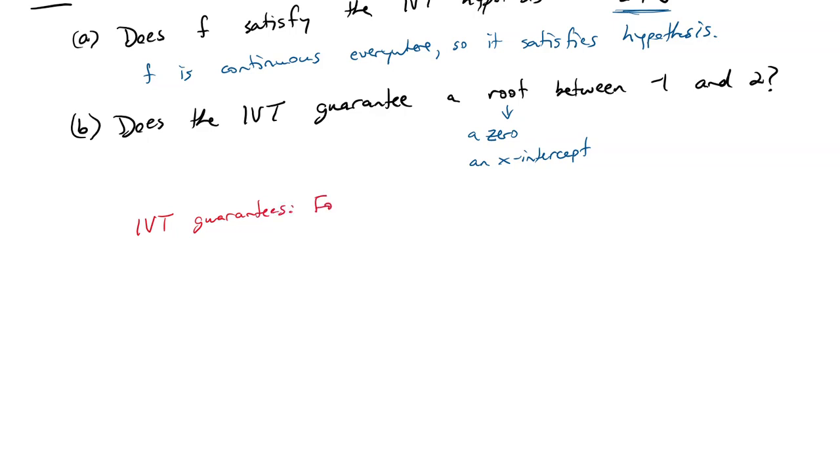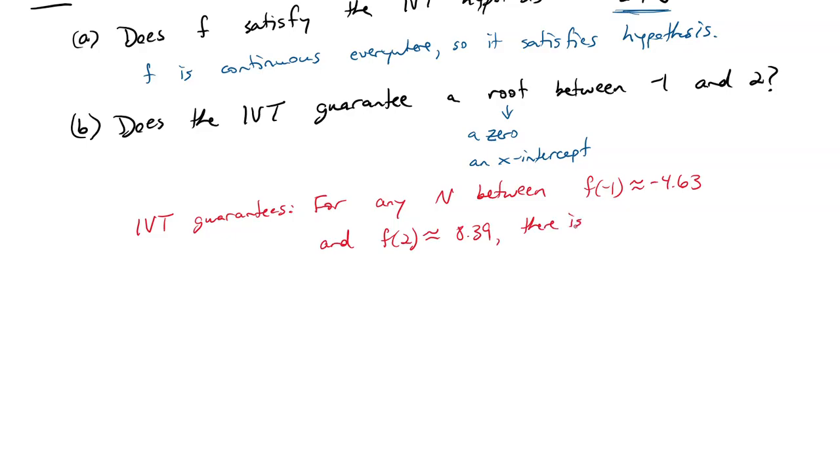It guarantees that for any n between f of -1, which is approximately -4.63, and f of 2, which is approximately 8.39, for any n between those two outputs, can you fill in the blanks here?